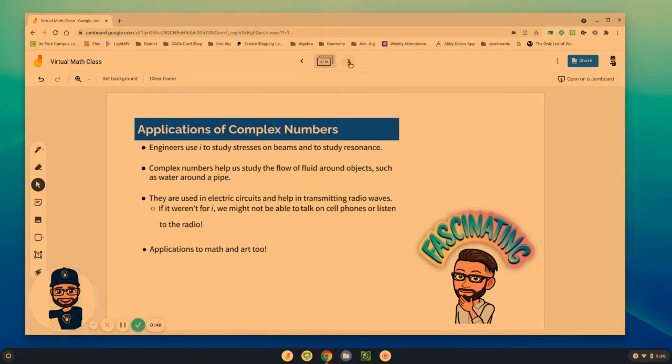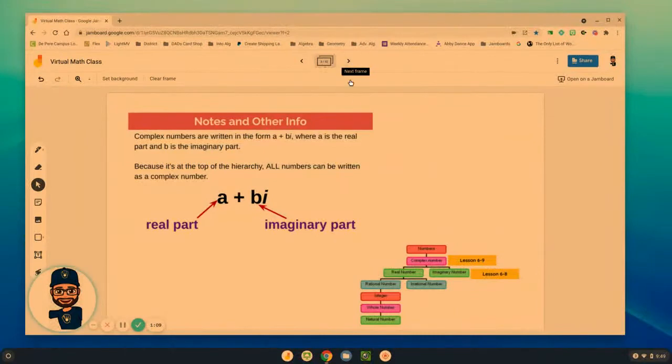Complex numbers can help us study the flow of fluid around certain objects, like water around a pipe. They're really big in electric circuits and transmitting radio waves. If it weren't for them, we might not be able to talk on cell phones or even listen to the radio. There are applications in math and art too, but really it's nothing more than expanding a little bit of algebra.